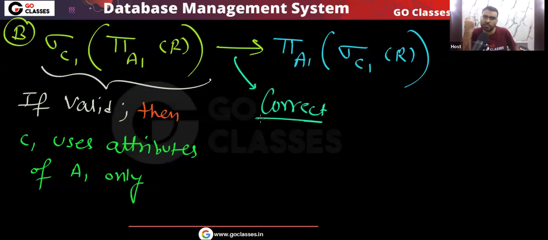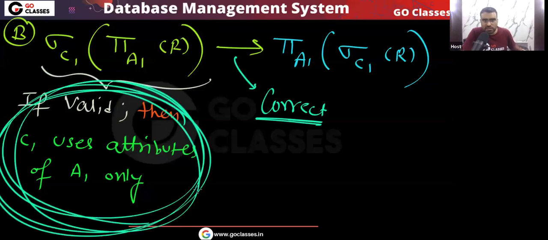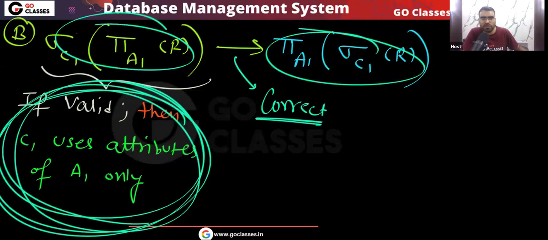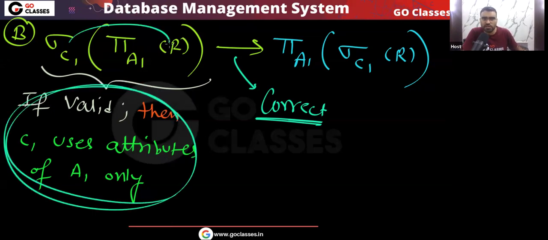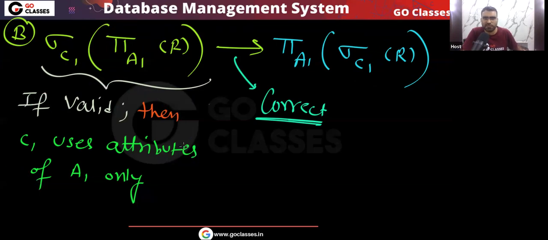Because if this is already valid, it simply means that C1 is using attributes of A1, and in this situation this query will give you the same result. Yes or no? They are the same. So very simple, this transformation is definitely correct.